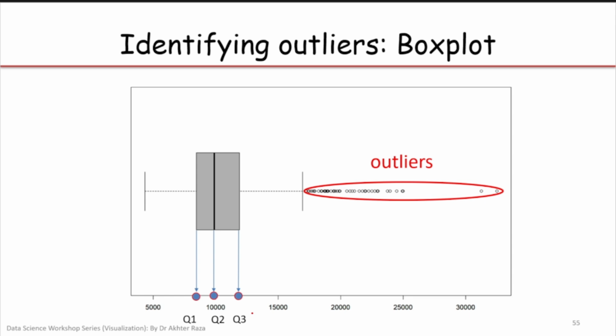Another thing is the width of the box, which is referred to as the interquartile range. The interquartile range can be determined by the difference of the third quartile and the first quartile. The formula of IQR is Q3 minus Q1.